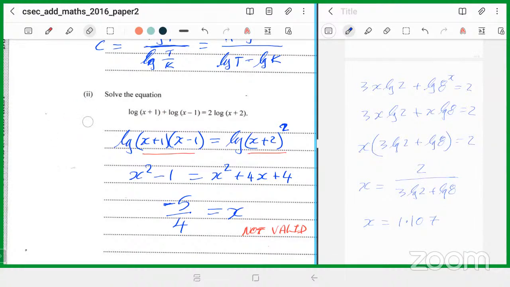Any value that will cause you to be finding the log of a negative number is not valid. So this is not a valid value for x in the equation. They will give you a mark for getting that, you know. But really and truly, it's not a valid answer because it cannot work in here and it cannot work in there.